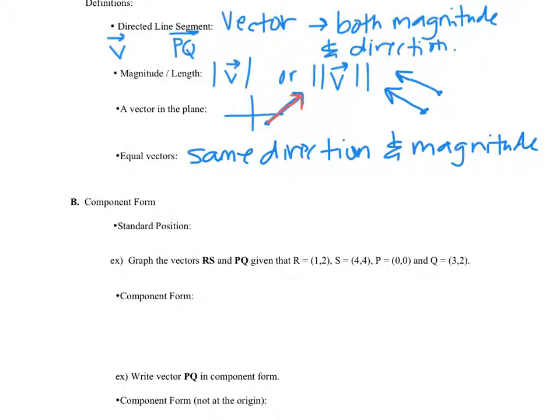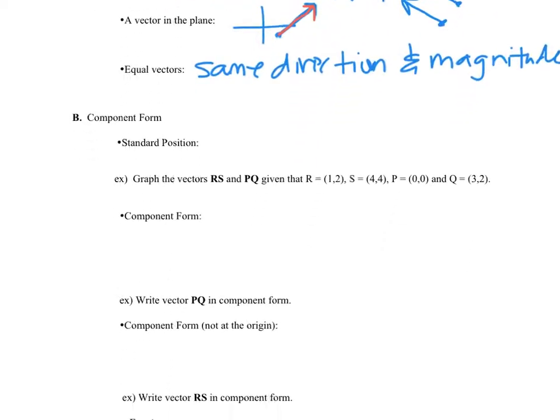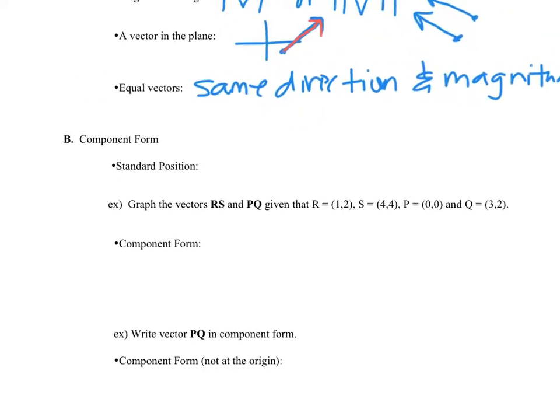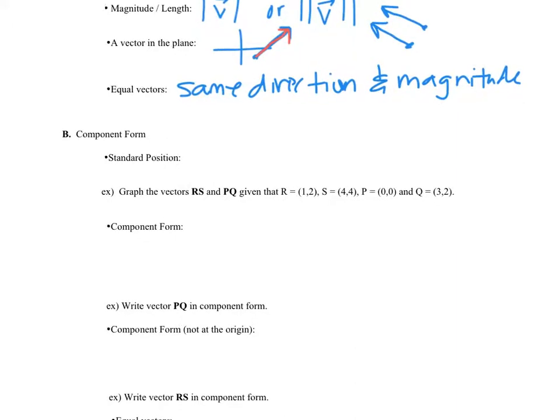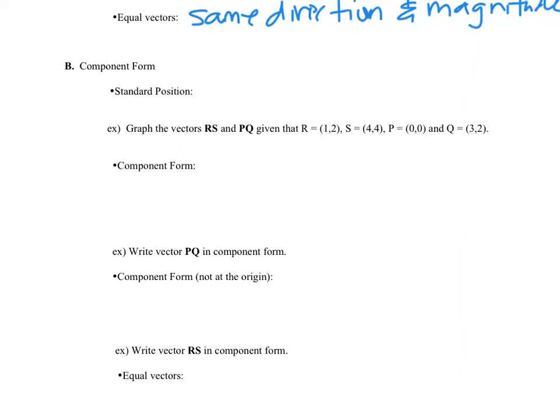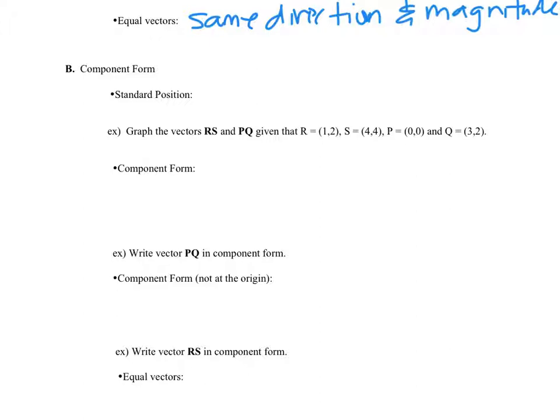All right, so now we're going to talk about the component form of a vector. Sorry, everyone has that down? We're good? Same direction and magnitude. For component form of a vector, we're usually going to write a vector in its standard position. You know how when we did angles in trig, we always were in standard position. We're on the x-axis and we go counterclockwise.